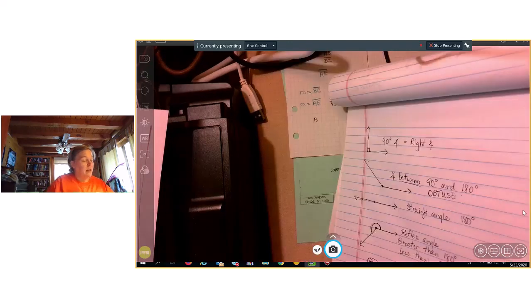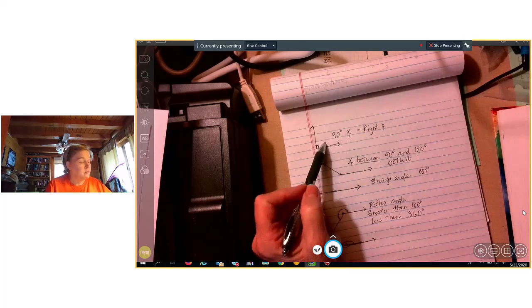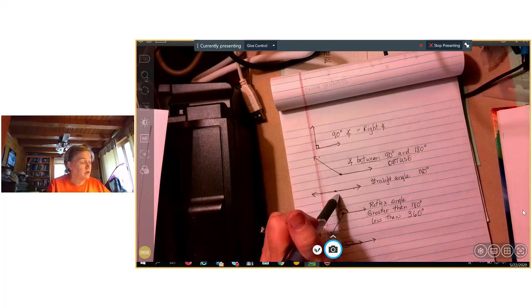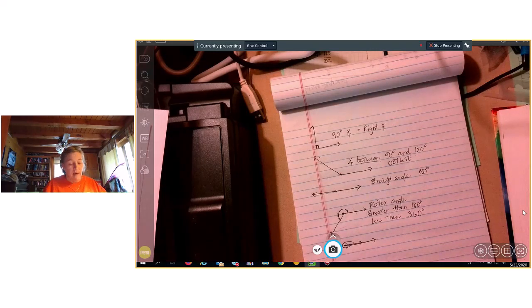An angle that's between 0 and 90 degrees is going to be an acute angle. We have a straight angle, a reflex angle, and then we have this angle that always just comes back on top of itself. And that, when we have this arrow drawn, is 360 degrees, or called a zero angle.